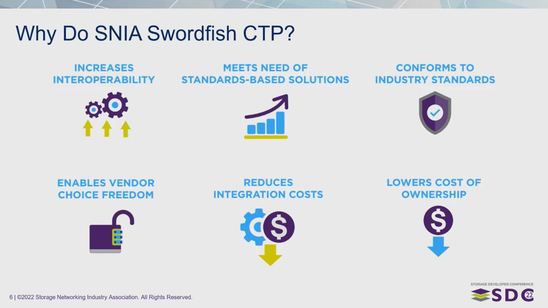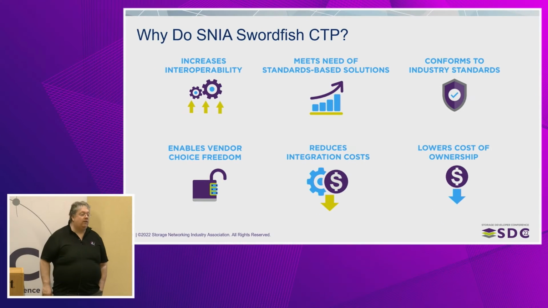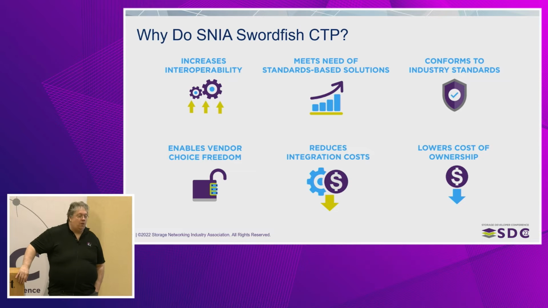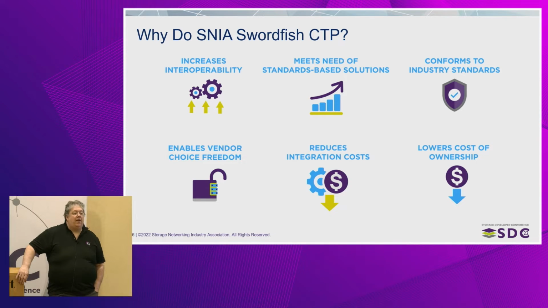CTP is all about increasing interoperability. You may have a Swordfish implementation that works perfectly fine. What you may not have is a Swordfish implementation that works perfectly fine when it's inserted into a location where the vendor wrote the tool for another, where the consumer wrote his tool for another vendor.